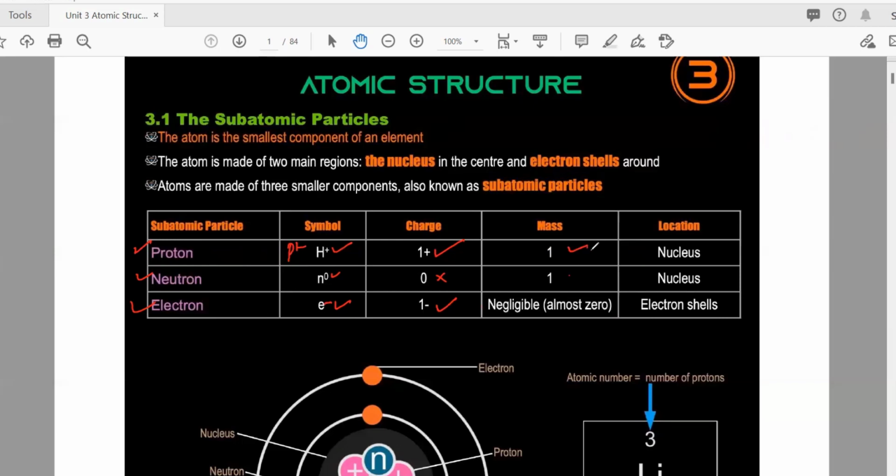The mass of proton and neutron is the same, and the mass of electron is really small, 2000 times less than the proton and neutron, so it is almost zero. As for location, the proton is in the nucleus, the neutron is also in the nucleus, and electrons are found in the shells or orbits around the nucleus. So now we'll see that with the help of a diagram.